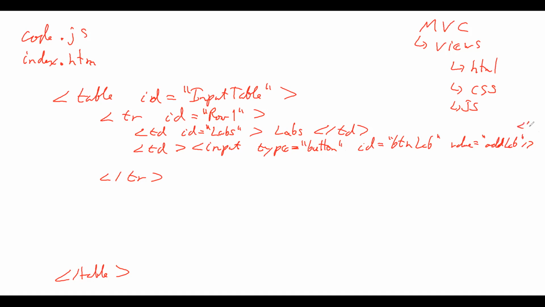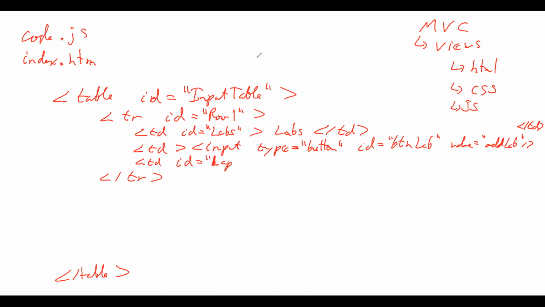Let me just close it like that. Okay, so that's one line. And so now you have in the table a lab, you have a button, and now the next table data cell you could use, for instance, and just leave it as a placeholder. Call it lab field.